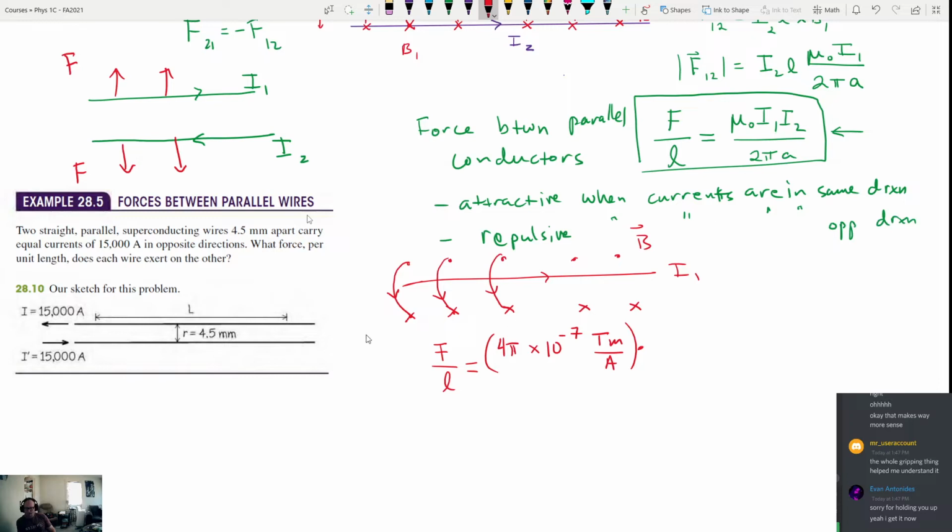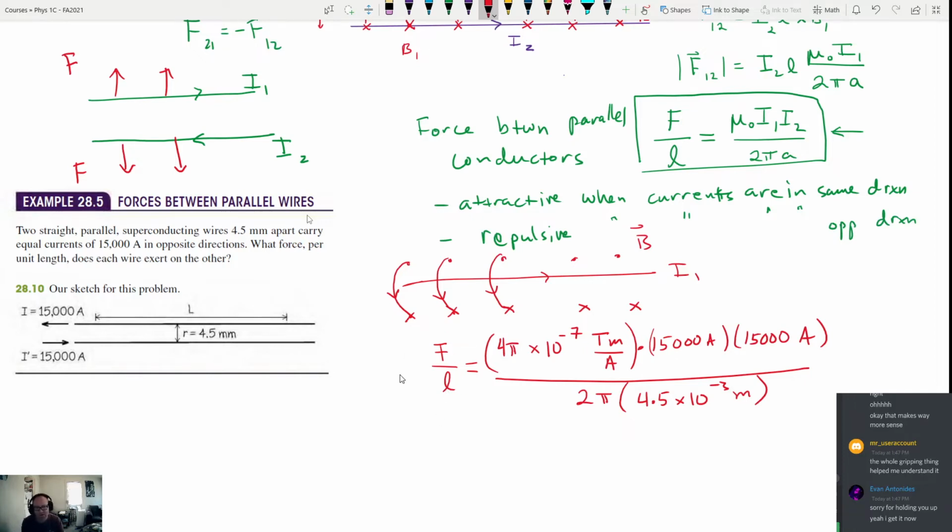Our currents, I1 and I2, are 15,000 amps apiece, so we put 15,000 amps times 15,000 amps, and then divide by 2 pi times the distance between the wires. So 2 pi multiplied by 4.5 millimeters, which is 4.5 times 10 to the minus 3 meters. And we hope that this gives us units of force per unit length.